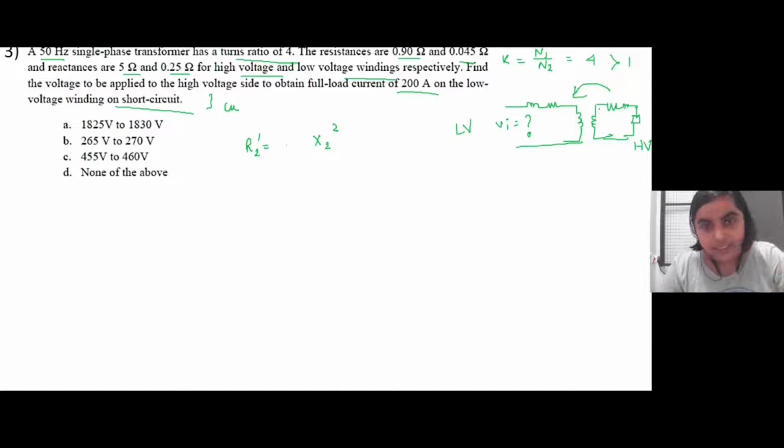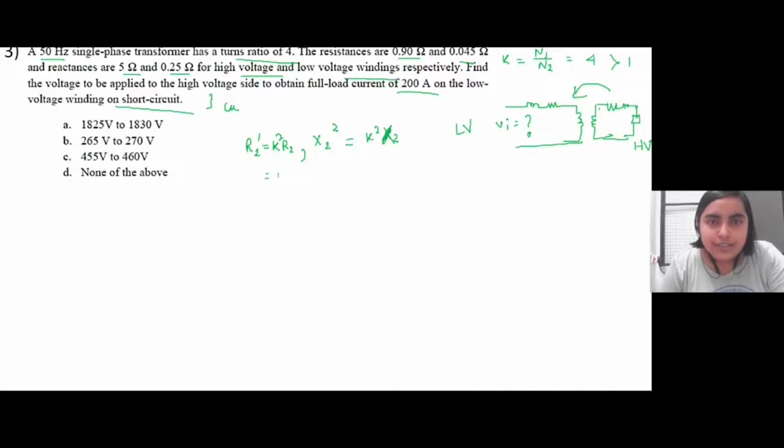Can anyone tell? You haven't been taught this one, right? It is K square. So we have to multiply by the turns ratio: K square times R2. Similarly, the reactance will be K square times X2.